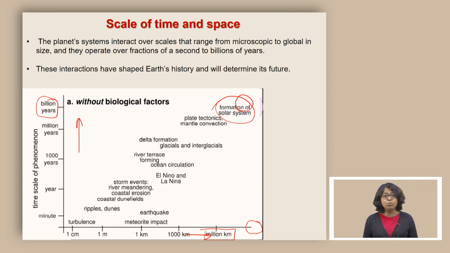It is not always true, and therefore, it is a challenge how to design an experiment which can be scaled up and down. So, scalability is one of the main challenges of earth science.